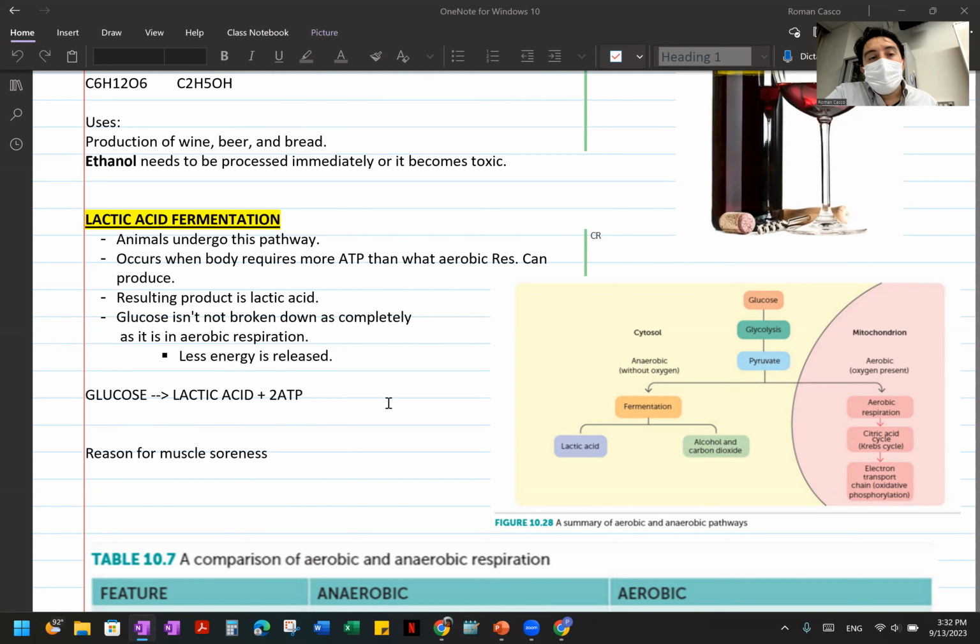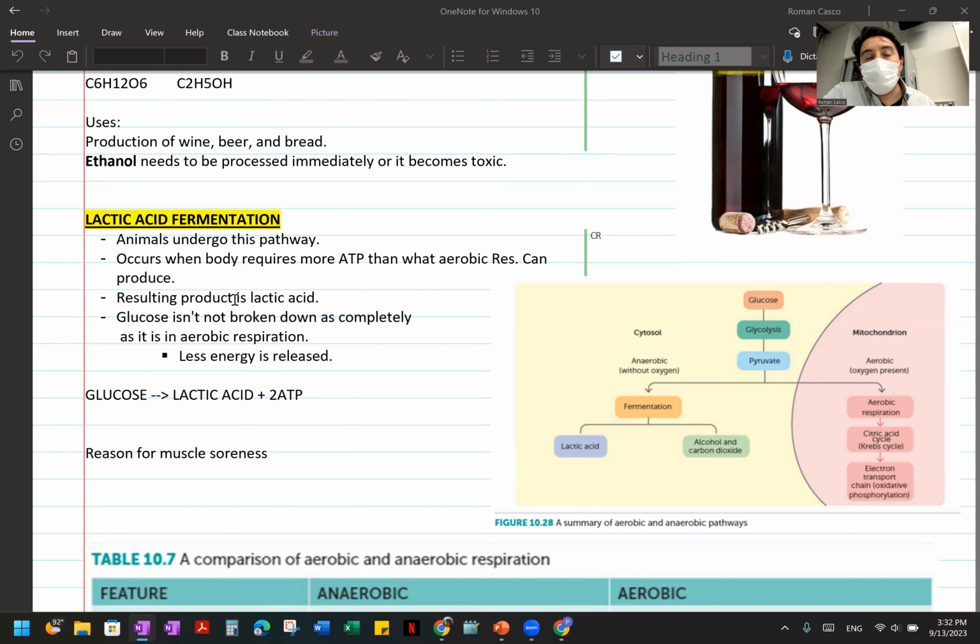While that is true, there are moments when you're doing strenuous, very intense exercise, and the more exercise you do, the more oxygen your muscle cells need. Sometimes your muscles are working more than the oxygen that your lungs can provide the muscles in a given time.